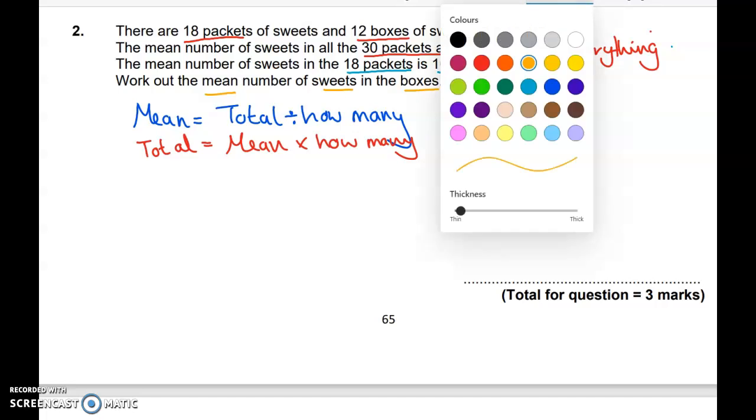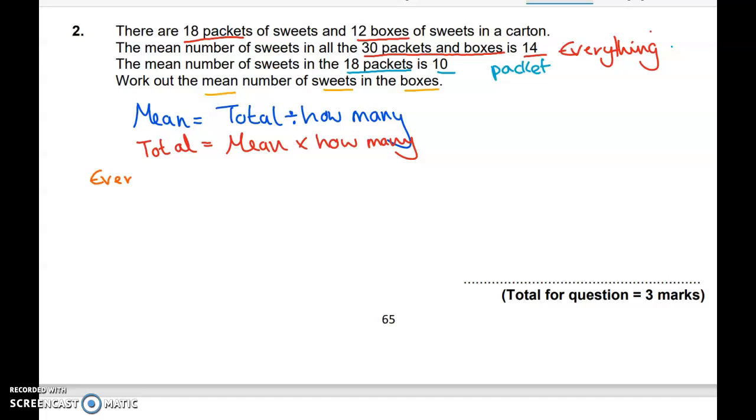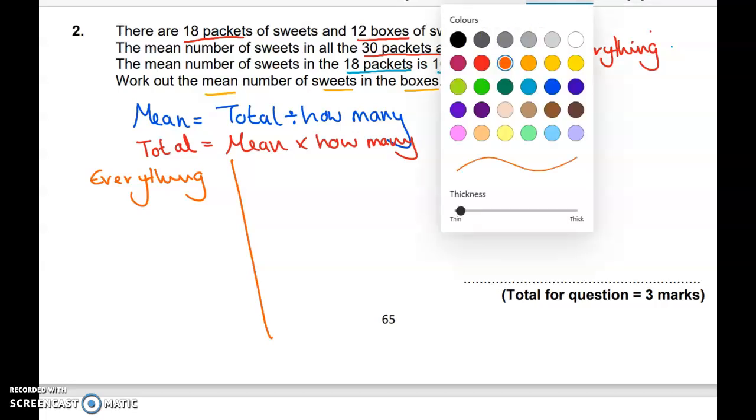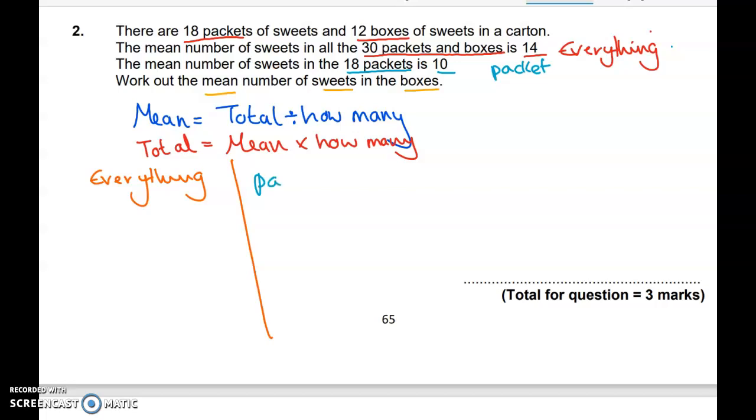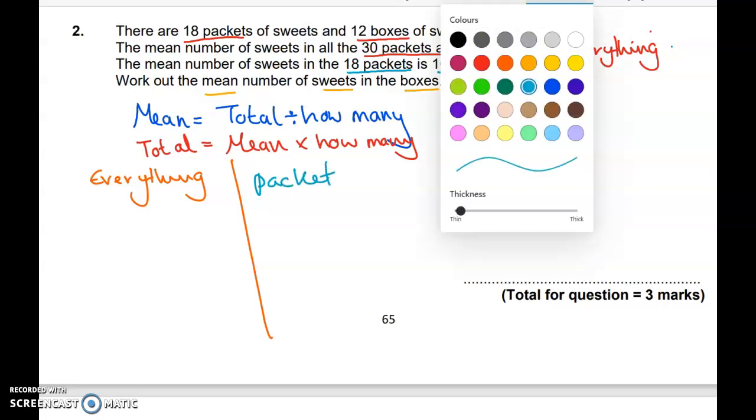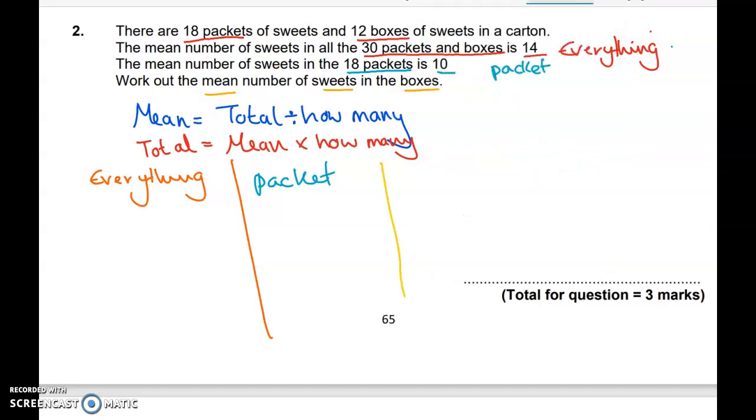So I'm going back to my red. We've split this up into everything, then blue, which is just the packets, and then our final answer is here, which is just the boxes.